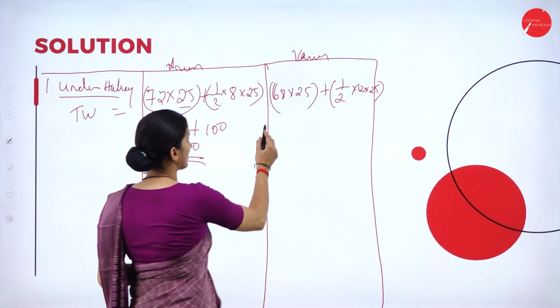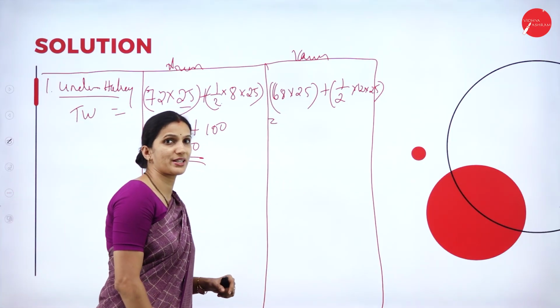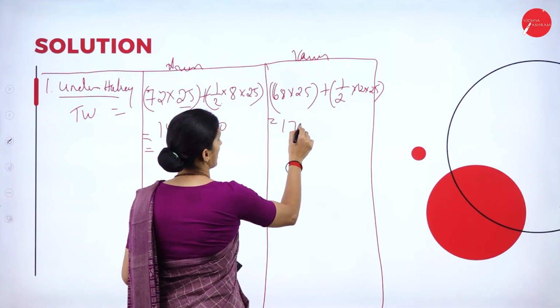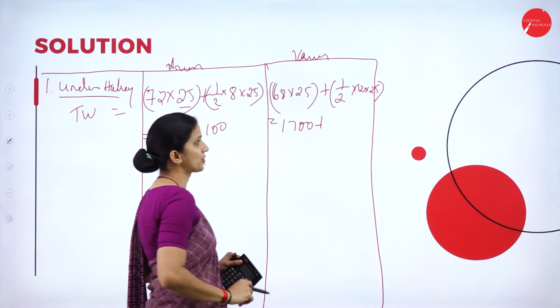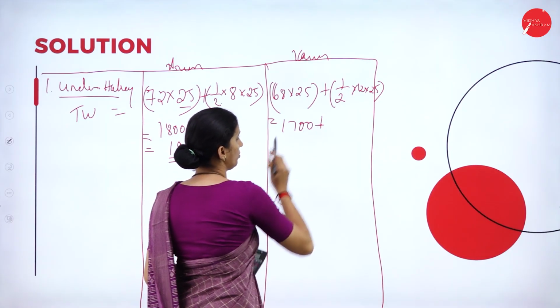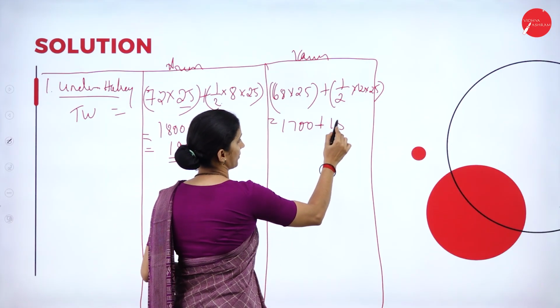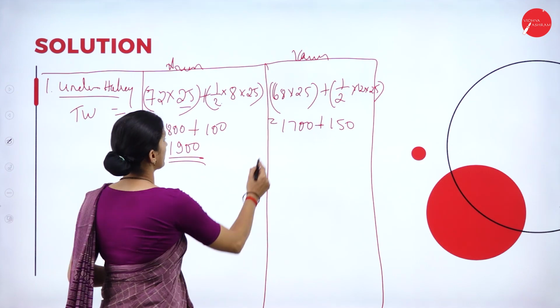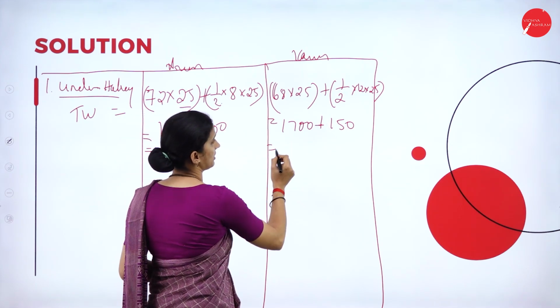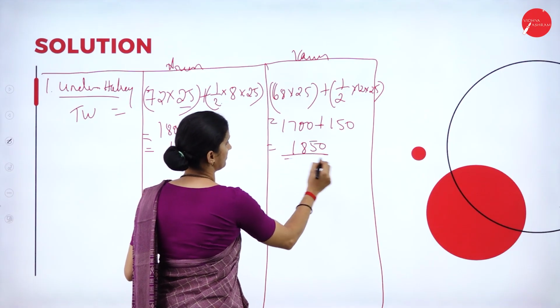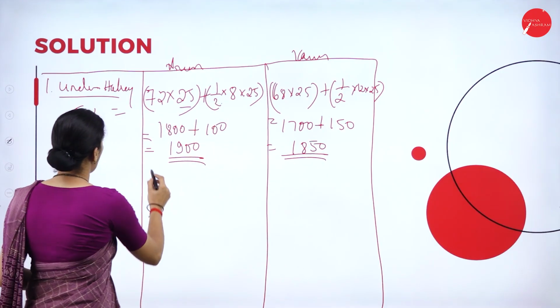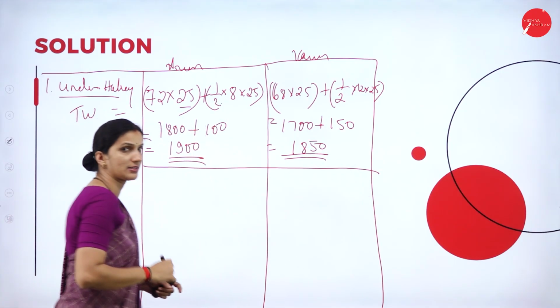In the same way we will calculate here also, 68 into 25. So that is 1700 plus half of 12 hours saved into 25. So that will give you 150. Right. So the total wage for Varun, 1700 plus 150, is 1850. So this under Halsey's plan is done.